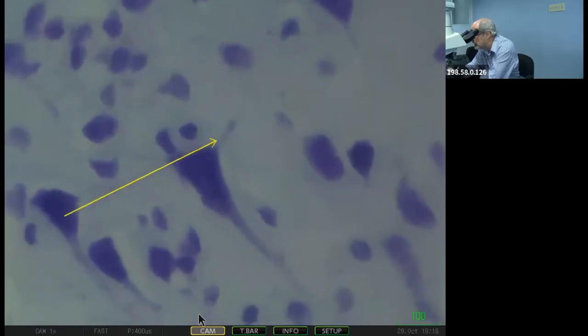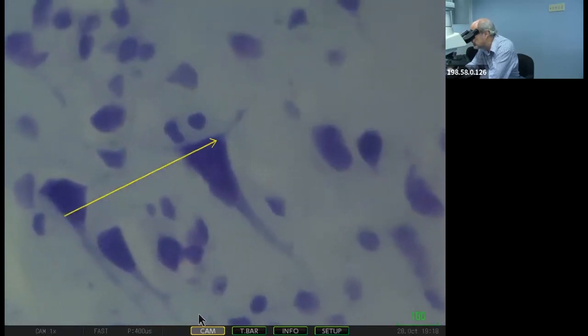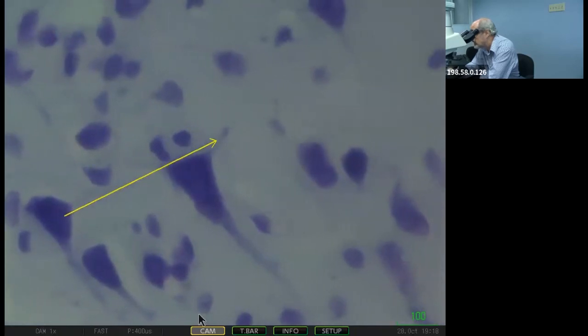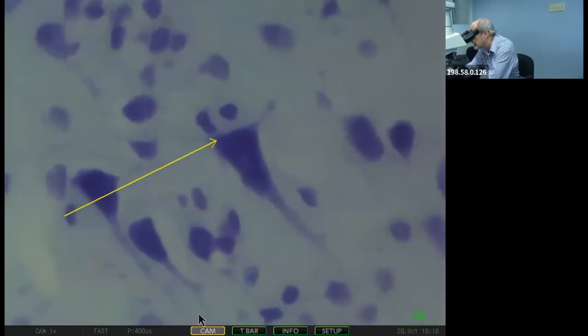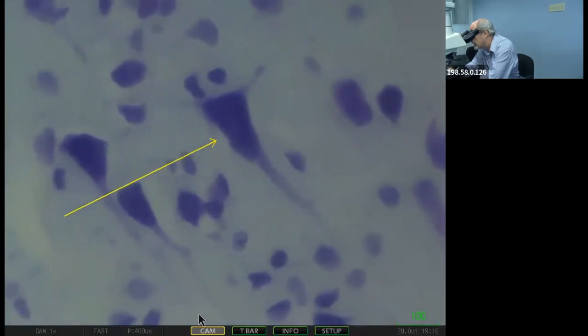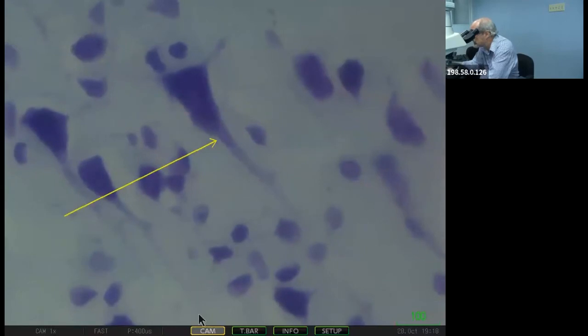Okay, so here you have your pyramidal cell. You see your two basal dendrites, one here, the other one here, and here you have the apical dendrite. So the apical dendrite will carry some information coming from these pyramidal cells towards the first layer.